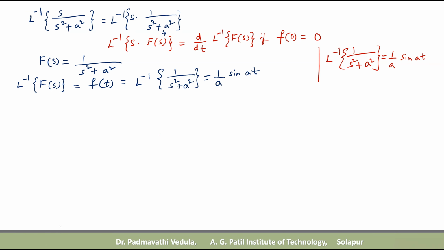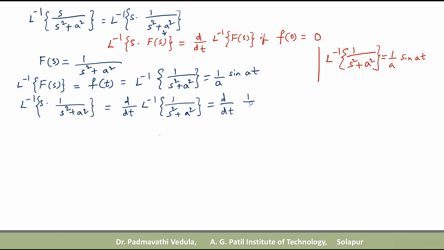Now after finding this, you have to differentiate 1 by a sin at, because here L inverse of s into 1 by s square plus a square equal to d by dt of L inverse of f of s, that is 1 by s square plus a square, which is equal to d by dt of 1 by a sin at.